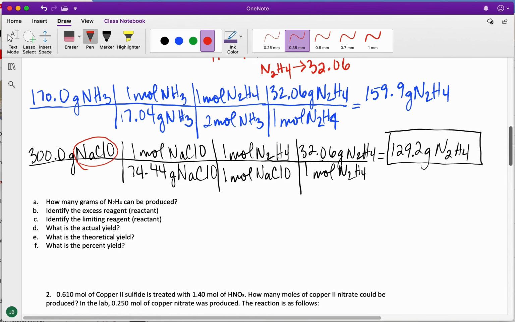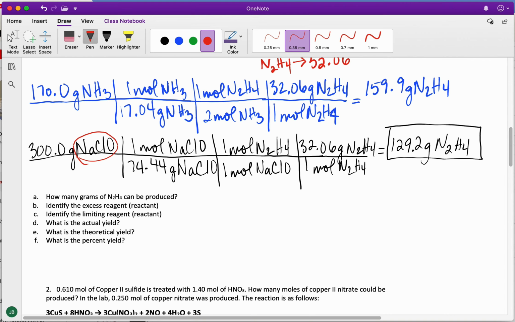So let's scroll down a little bit more and let's answer these questions. So how many grams of N2H4 can be produced? The maximum number that can be produced is 129.2 grams of N2H4.